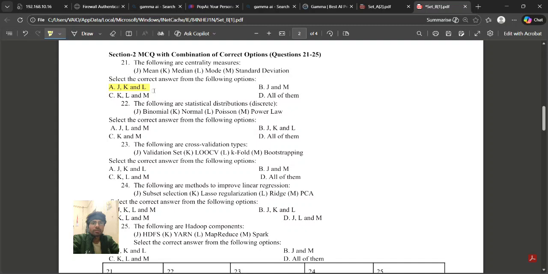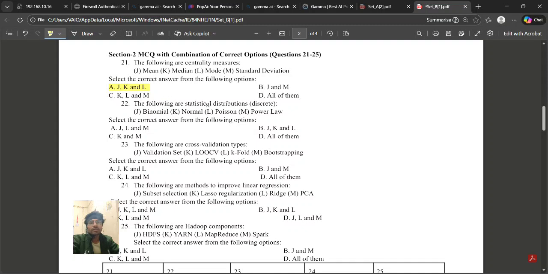Now go to question number 22. Question 22 is all about discrete statistical distributions. The sequence is J binomial, K normal, L Poisson, and M power law. Binomial J is discrete; it counts successes in a fixed number of trials.